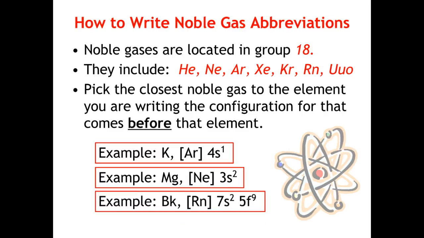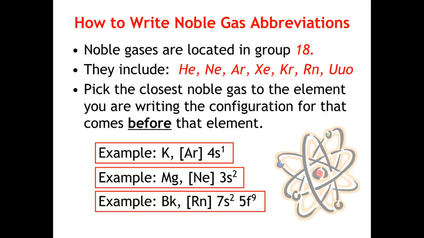Let's do Bk, which is berkelium, which is located in the F sublevel. It has 97 electrons. So the closest noble gas would be Rn, radon, 86 electrons.